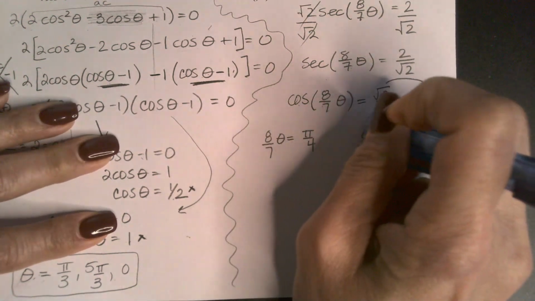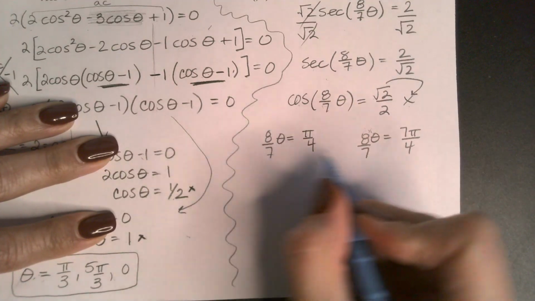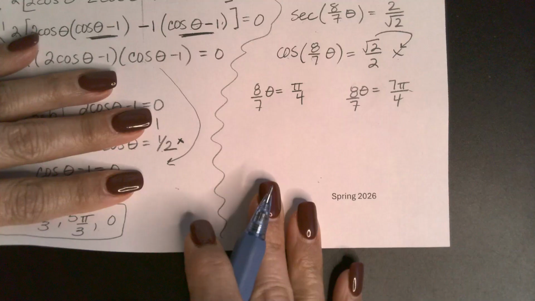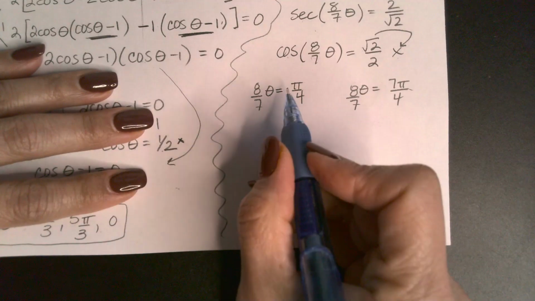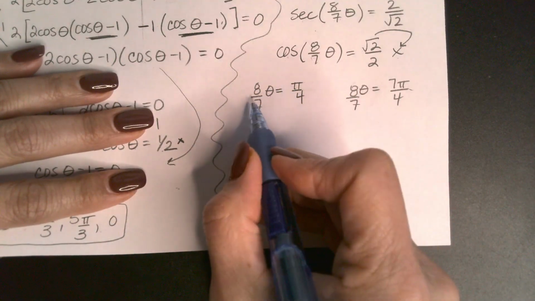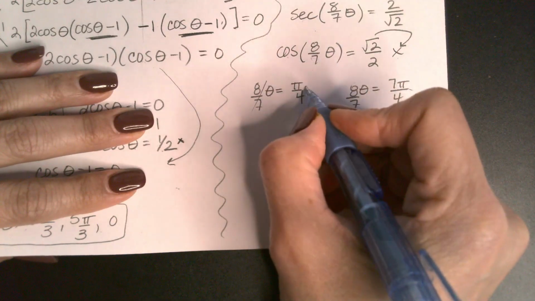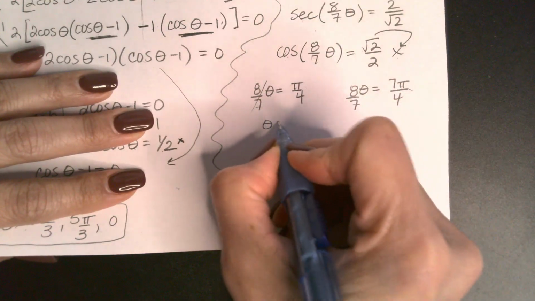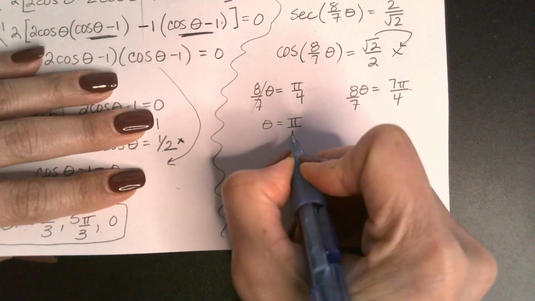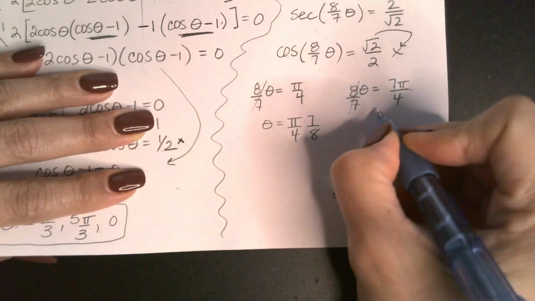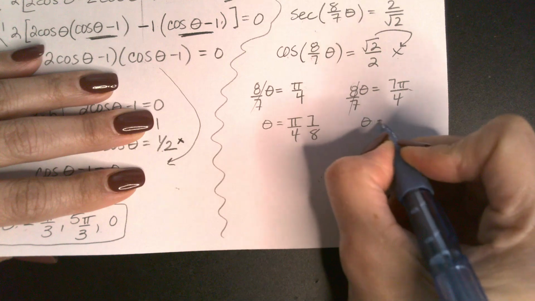Okay, but the good news is you guys are very good at solving these with fractions, because last unit, all you did was solve equations like this, and all you did was multiply by the reciprocal. So this went over to this side and multiplied as a 7 over 8. This went over to the other side and you multiplied by the reciprocal.